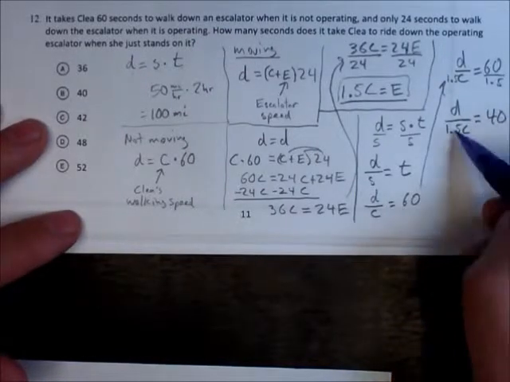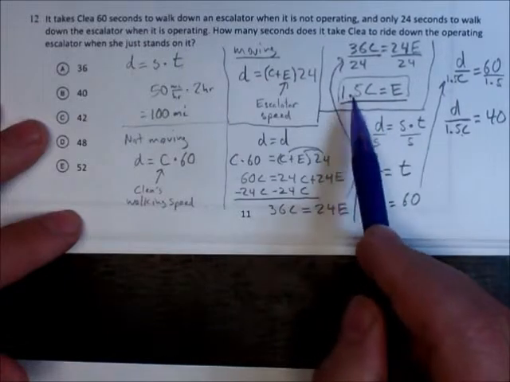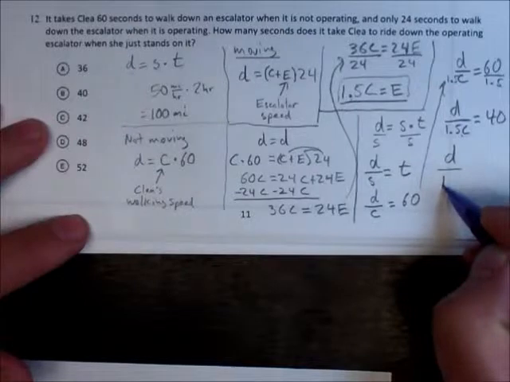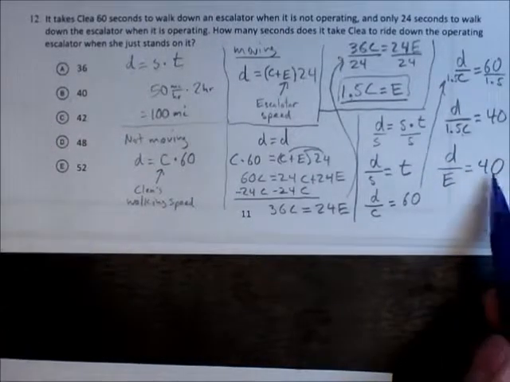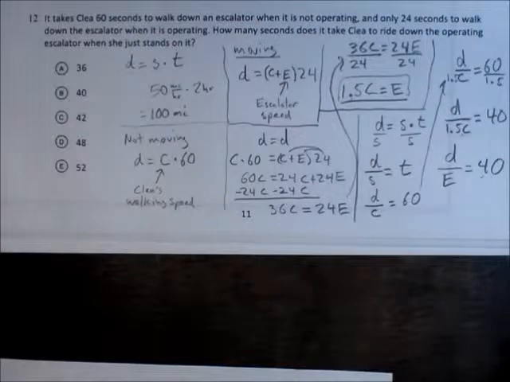And the reason I divided by 1.5 was because I knew E is equal to 1.5c. So this is really E. So this right here is the time that it takes her to go down the escalator while it's moving, but she's not walking.